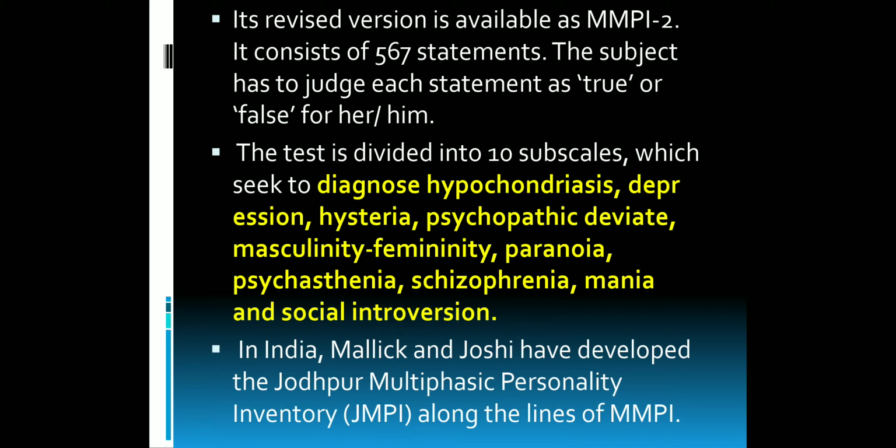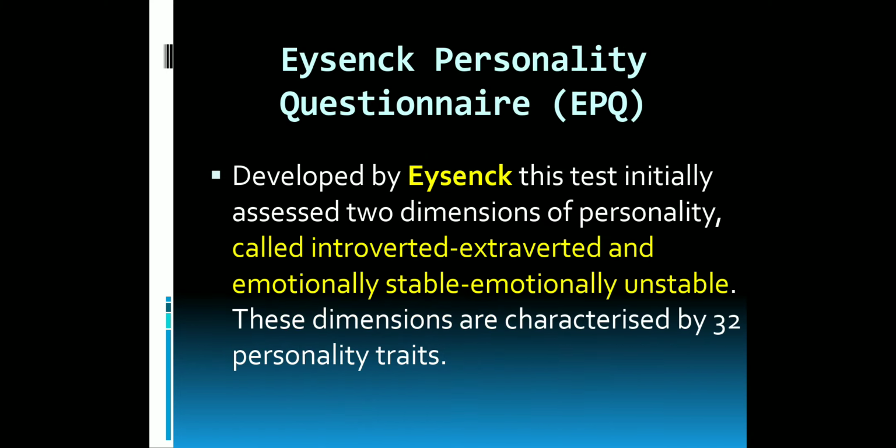Why did they make an Indian version? Because of the cultural bias in the scales, so they had to make a revision. So Malik and Joshi made it for Indian culture.